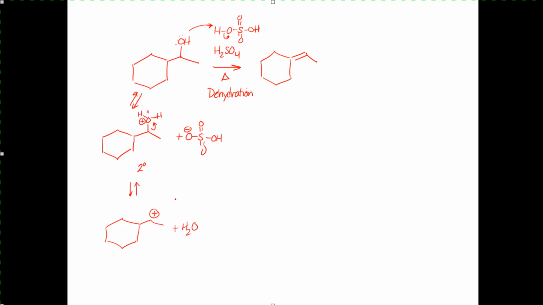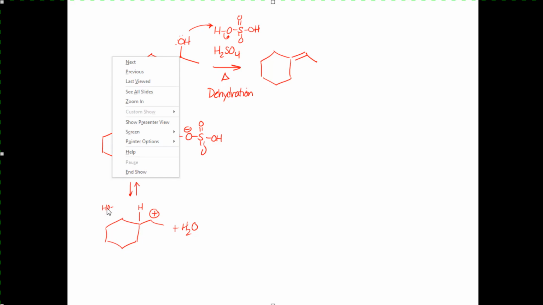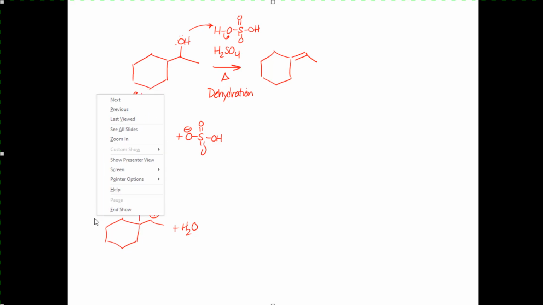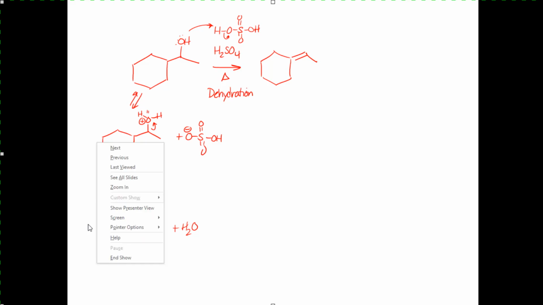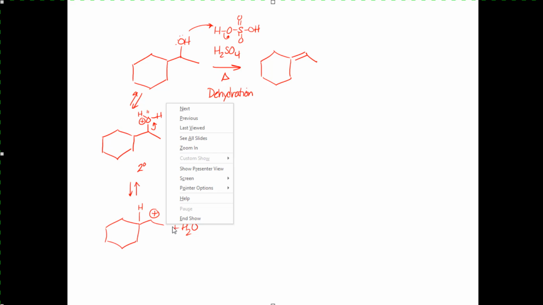And then what happens to form this alkene product? You could think the HSO4 minus or the water, but actually in this case let's draw this correctly. The correct way of doing this would be to bring the water in and have the water grab the hydrogen.